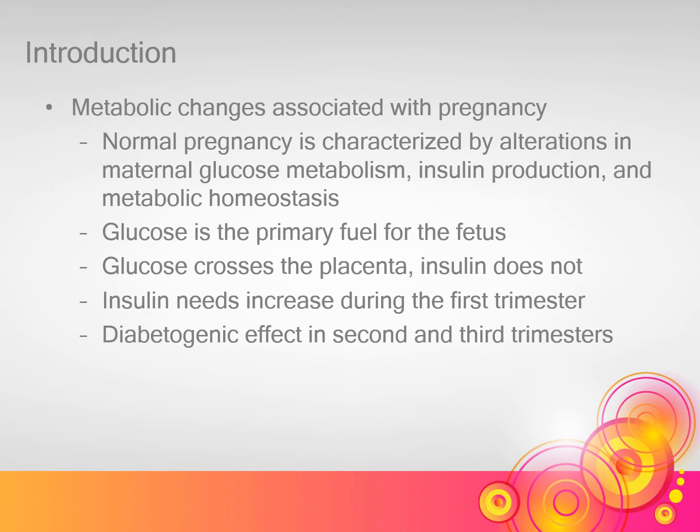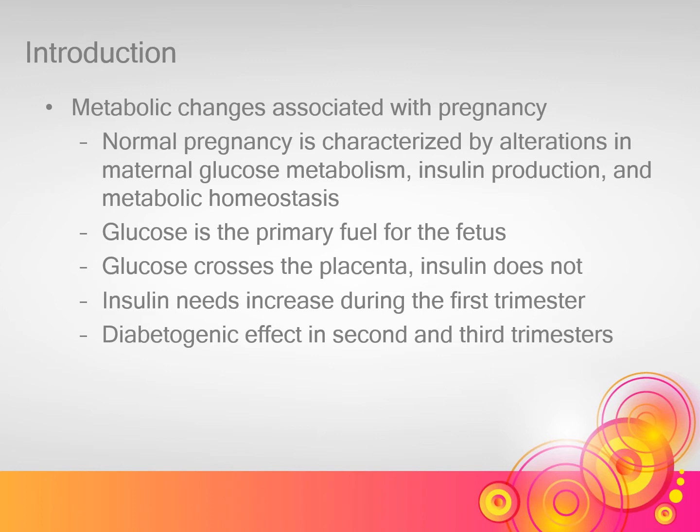All right, so the problem is that your metabolic changes are associated with pregnancy. A normal pregnancy is characterized by alterations in the maternal glucose metabolism, insulin production, and metabolic homeostasis. Now, glucose is the primary fuel for the fetus. So the maternal glucose crosses the placenta, but the insulin does not.